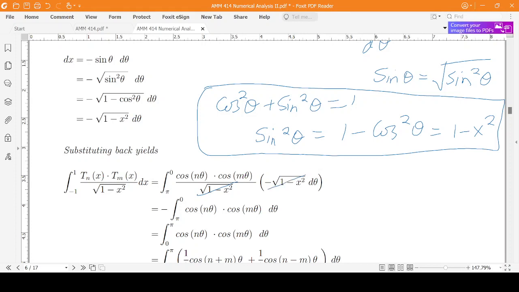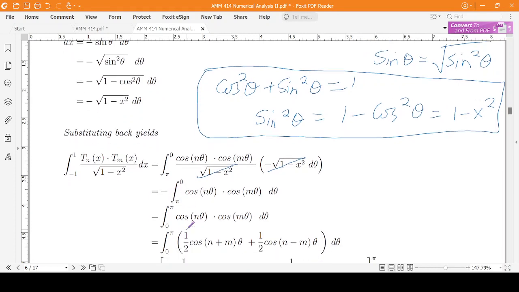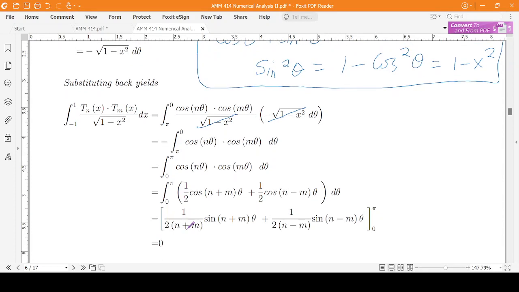And so we are left with the integral of cosine of n theta times cosine of m theta d theta from pi to 0, and there is a negative sign, which is this one. So we can interchange the limits, the lower and the upper limits, and then we do away with the negative. So we have this expression.